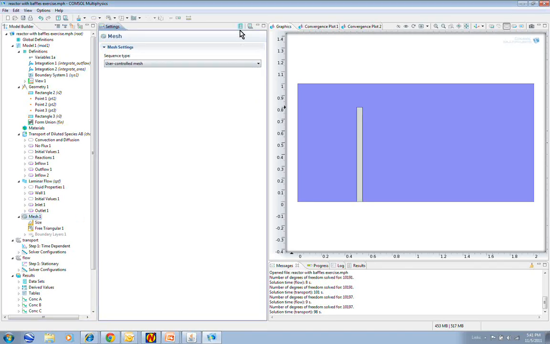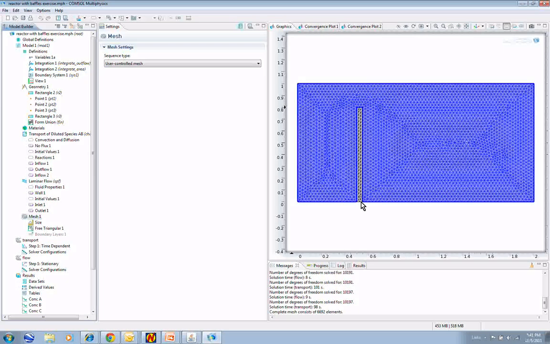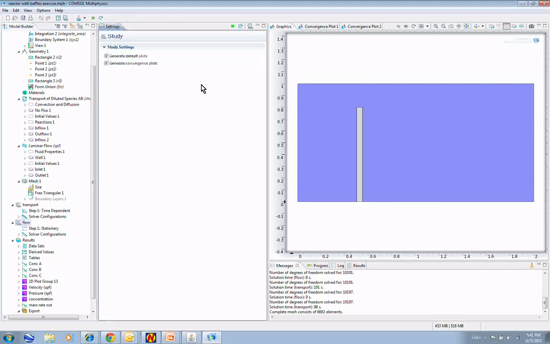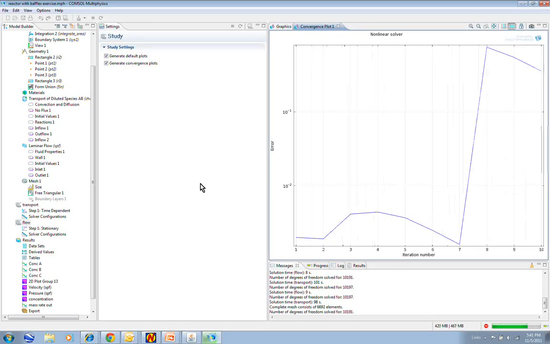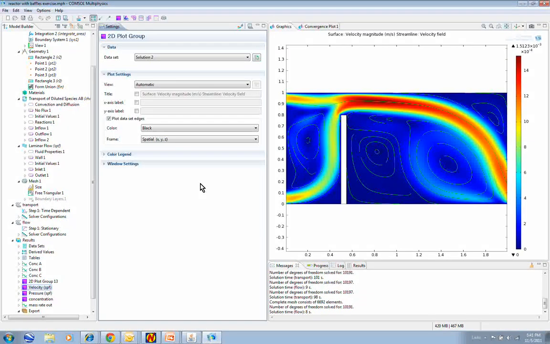And we can remesh it. In this case, we have the mesh go through here. We could also turn this off and not have the mesh go through here, but it's a fairly small area, so it doesn't really matter for this particular case. So now when we run the flow, we'll see that this baffle changes the distribution of the velocity quite substantially.